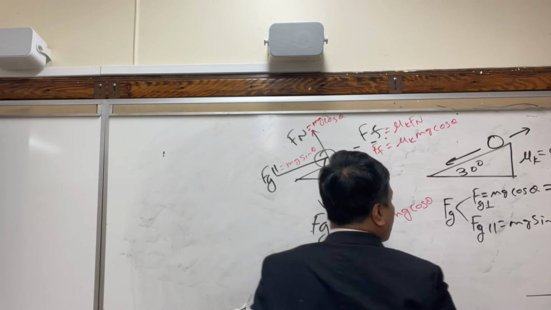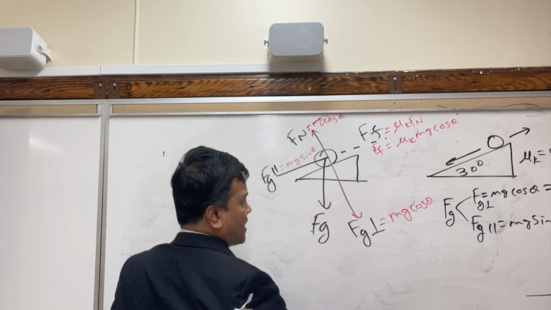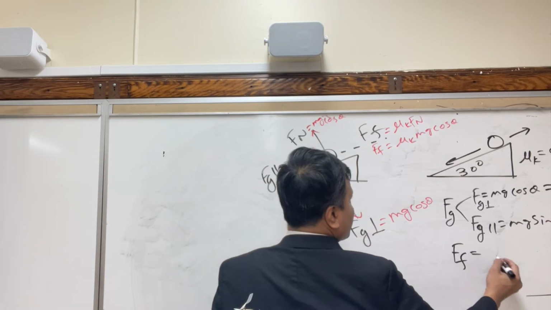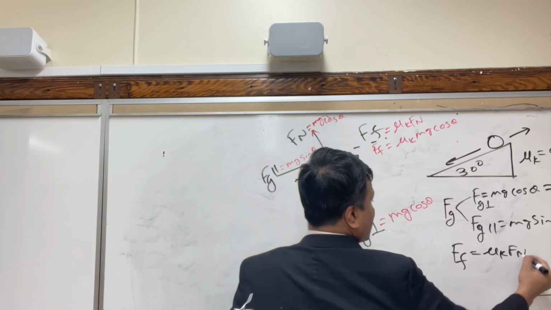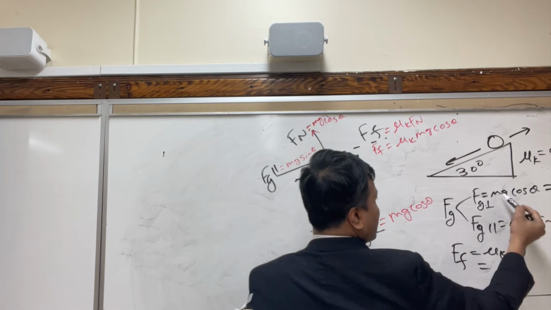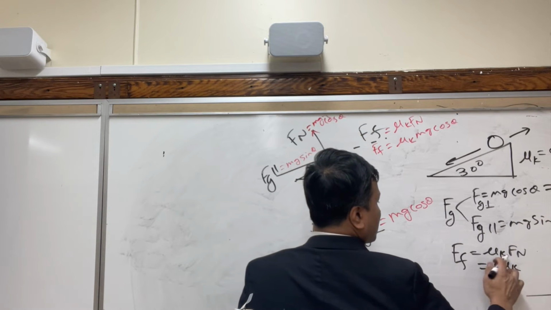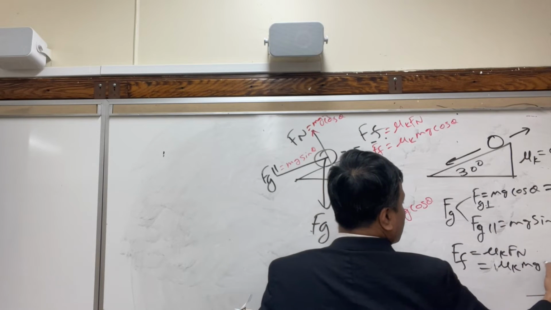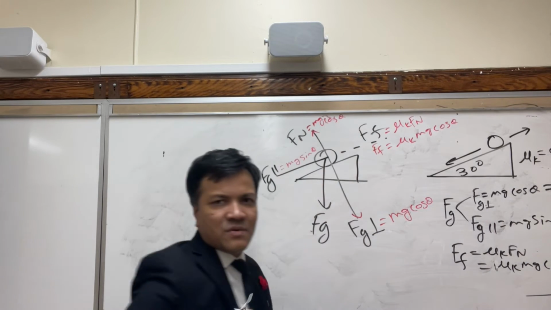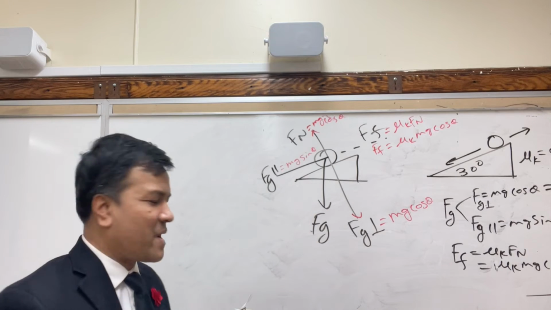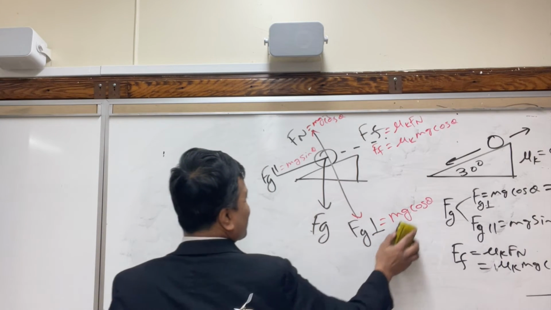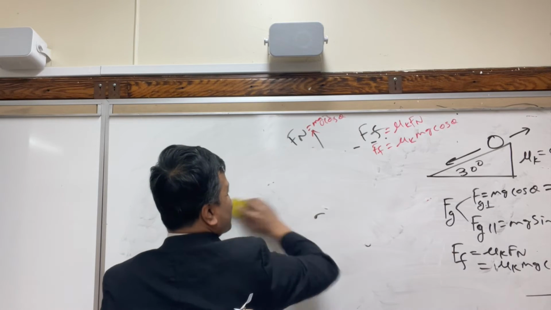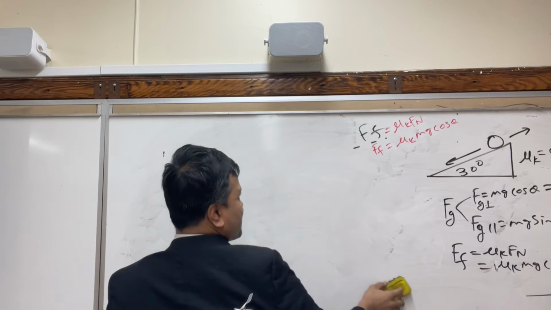And Ff is of course mu k Fn, so mu k mg cosine theta. Many of you asked for the mass. I did not give you the mass because you don't need mass. Why don't you need mass? All right, let's see why you don't need mass. I have the diagram over here.